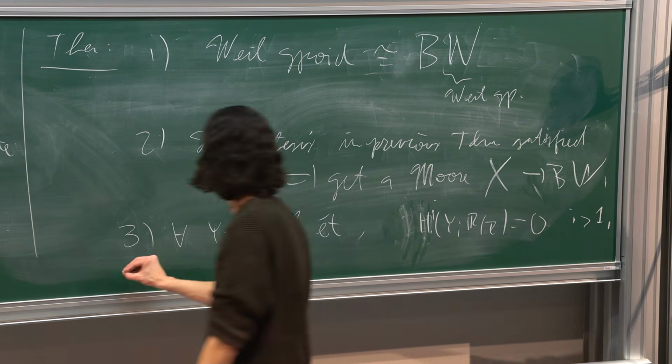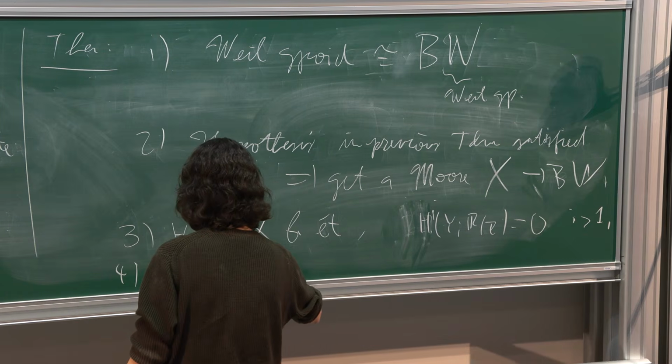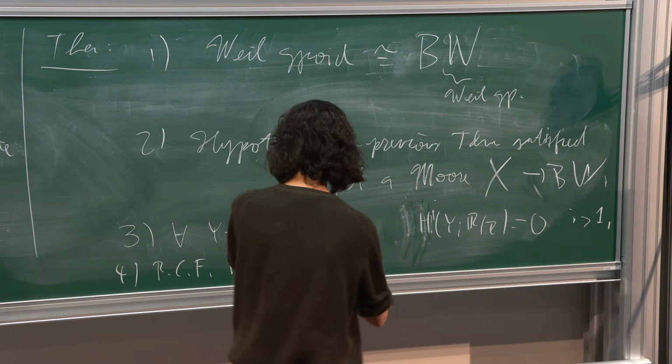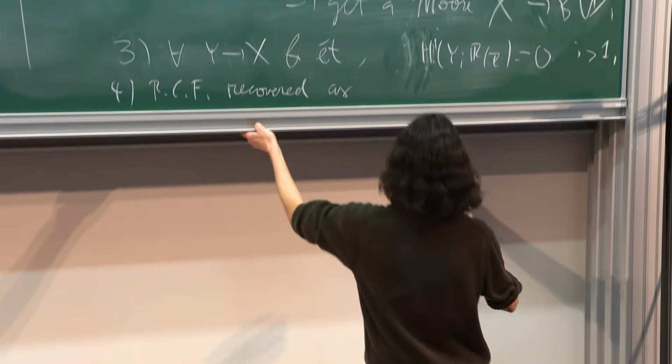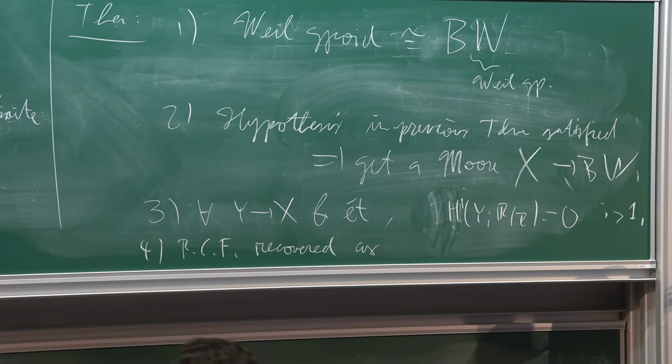And let me add, the refined class formation is recovered. And this is maybe the most important point, as excuse me, I have to put it somewhere. Let's put it here.